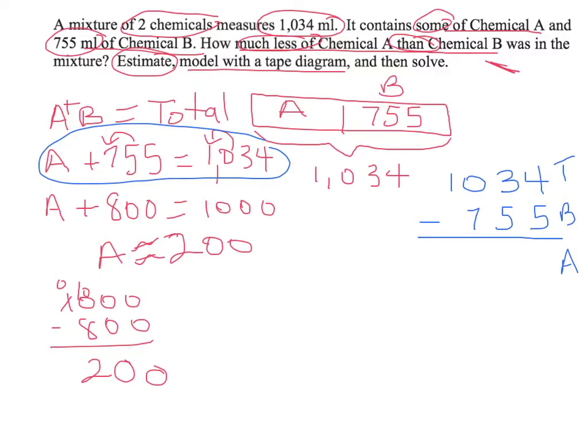4 minus 5. Can I? No. So this is going to be 1 less, which is 2. Yay, I have 10 more. This is 14 now, because 10 plus 4 is 14. 14 minus 5 is 9. Now, ready to move on to the next one. 2 minus 5. Can I? No. Go to the neighbor. Nobody's home. Shout out to the hood.